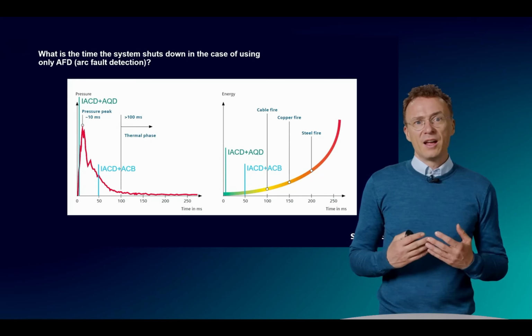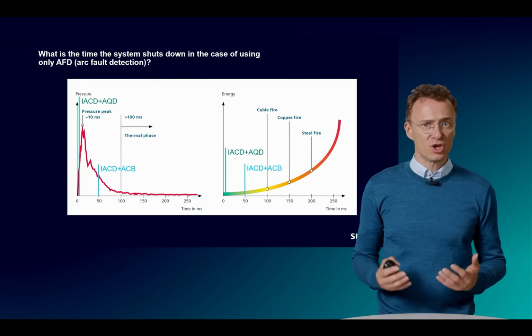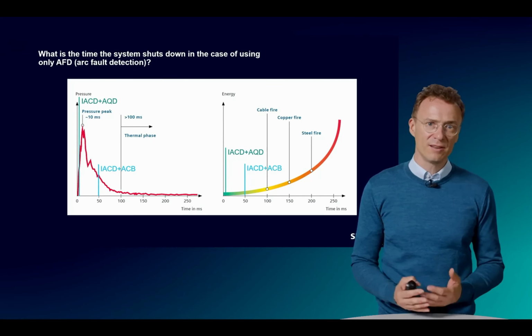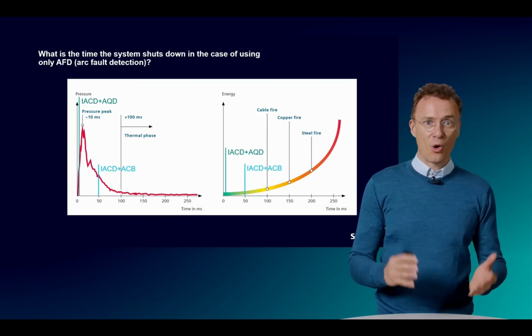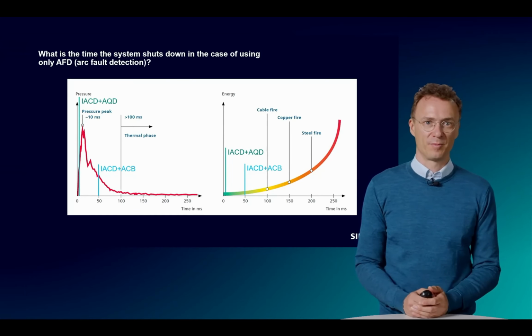Next question. Is the AQD always required, or can the IACD also be used on its own? The IACD can be used on its own. It would then trigger the incoming ACB directly. What is the time the system shuts down in case of only using IACD or arc fault detection?